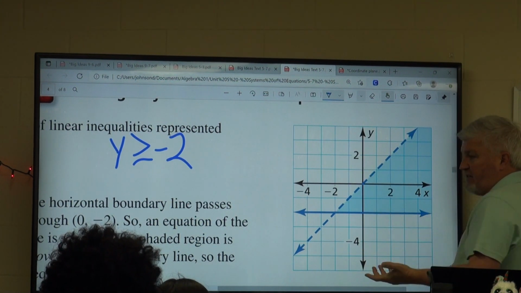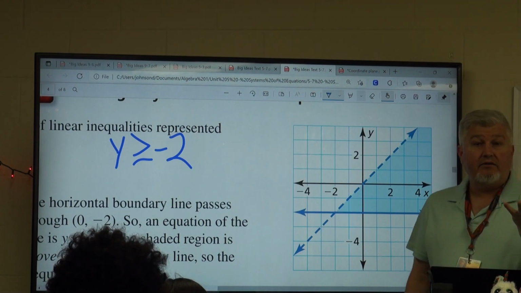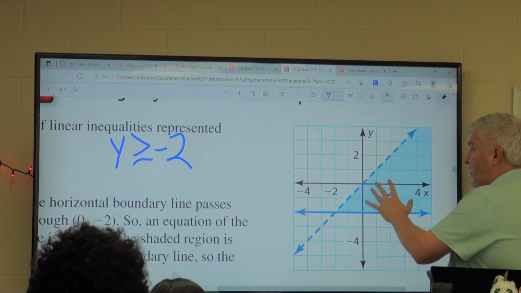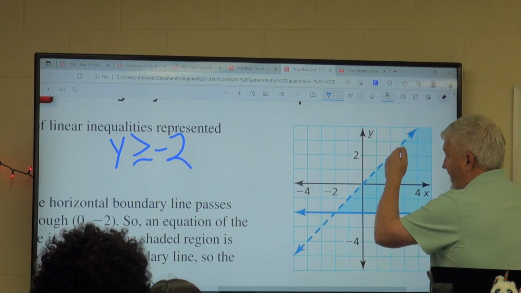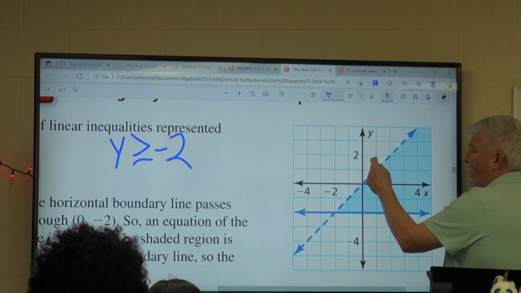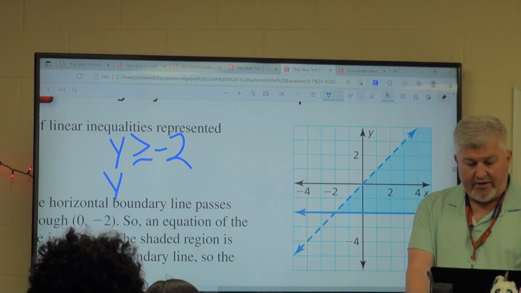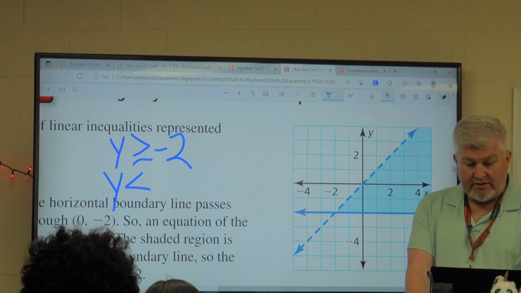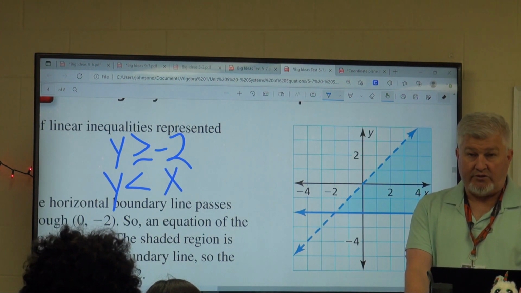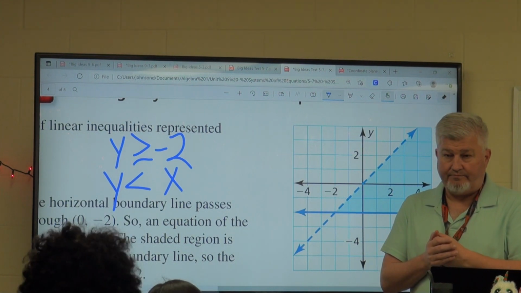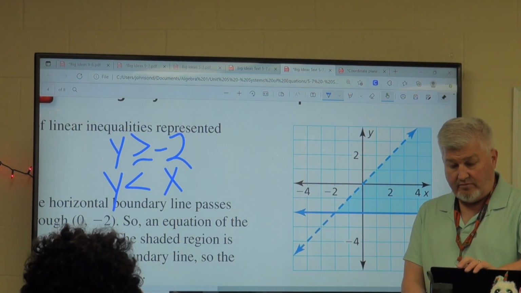My slope is 1. Because this is the solution area and it is below this line, this is a less than. So it is y is less than x, and there's no y-intercept. That's it. Done. Okay, easy.